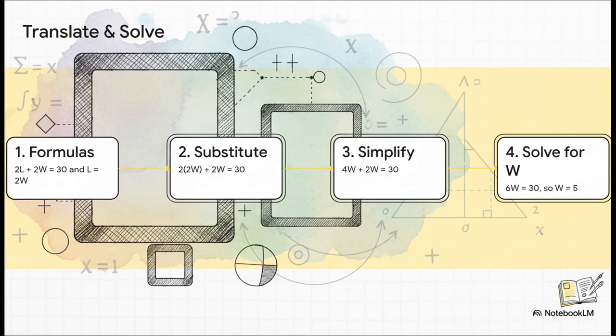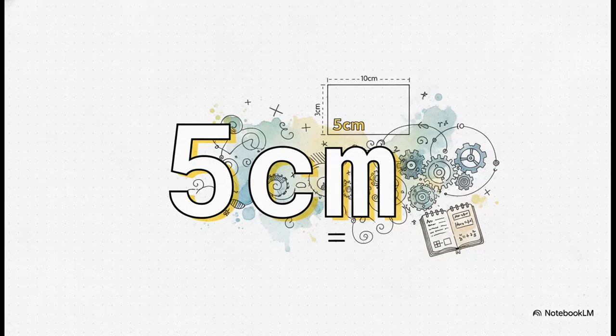And just like the last problem, this is a perfect setup for substitution. We swap out L for 2W, and the rest is just straightforward algebra. So solving that equation gives us a width of 5 centimeters. And since the length is twice that, it has to be 10 centimeters. And there are our dimensions. See? It's the exact same process, translate and solve. We just had to pull in a geometry formula first.